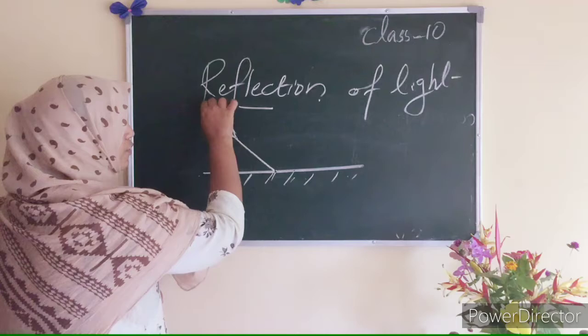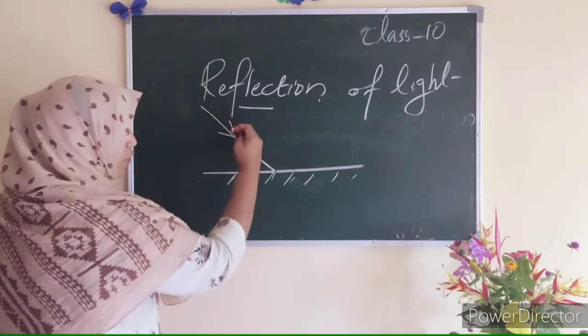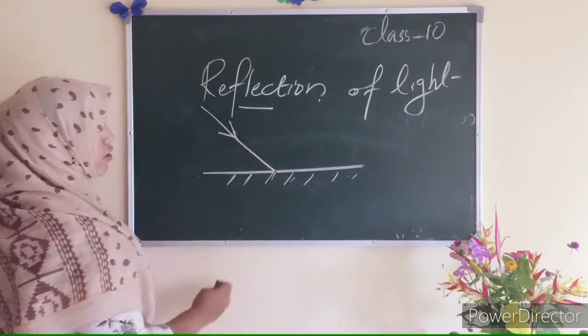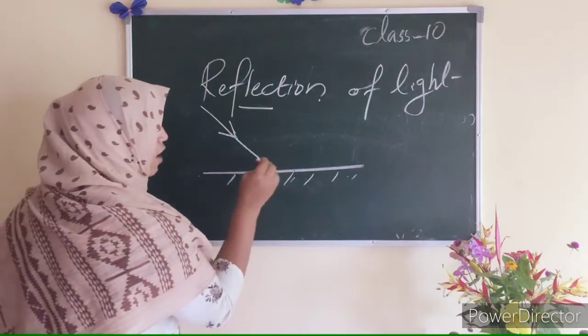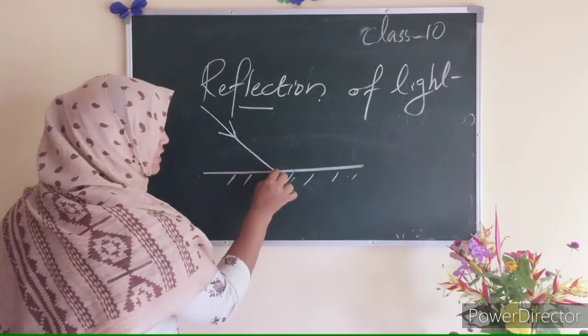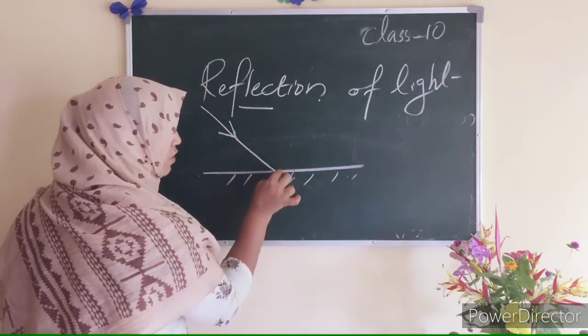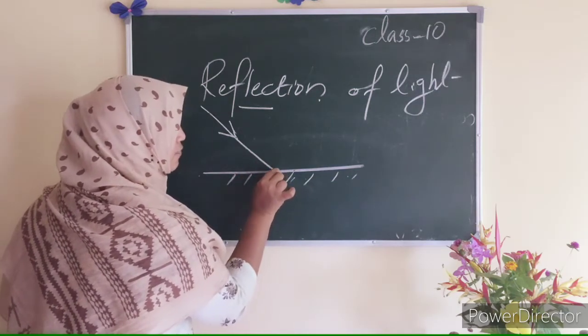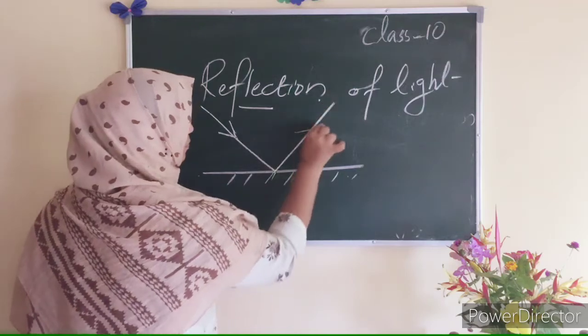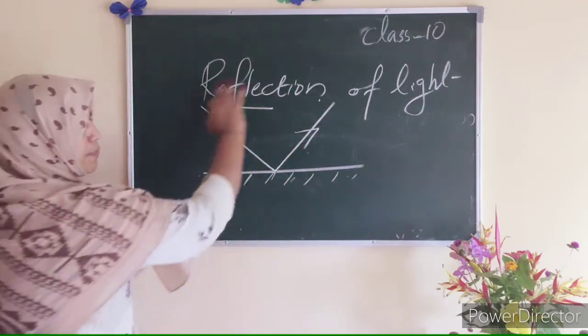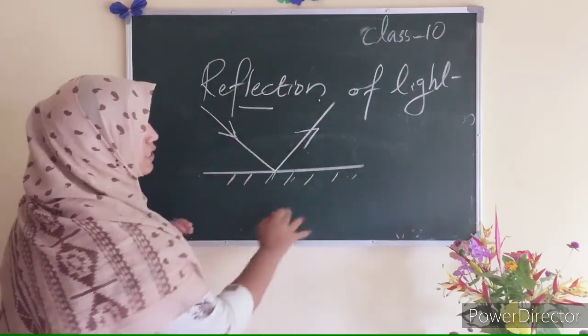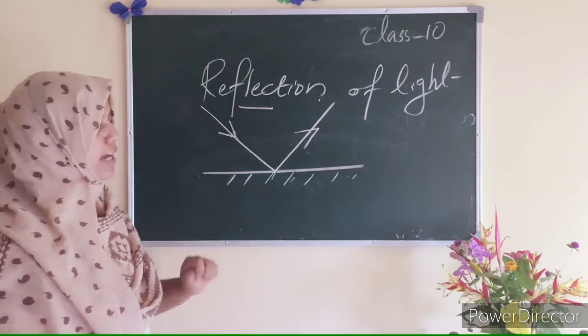On this polished surface a ray of light is incident, and after incidence it strikes or falls on this surface and returns back. This total process is known as reflection of light.